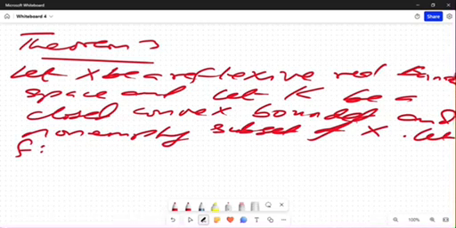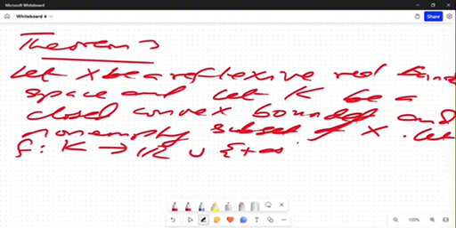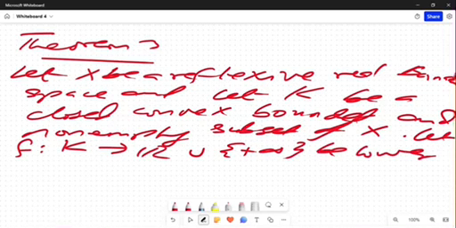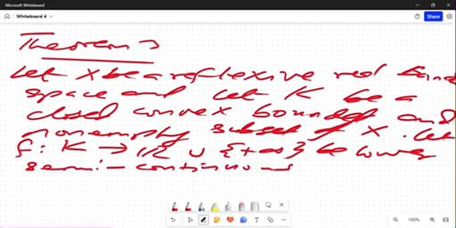let the function f be such that K is mapped to R union plus infinity, be lower, that's a weaker form also of continuity, lower semi-continuous, and convex.